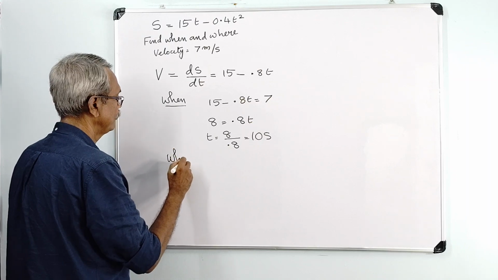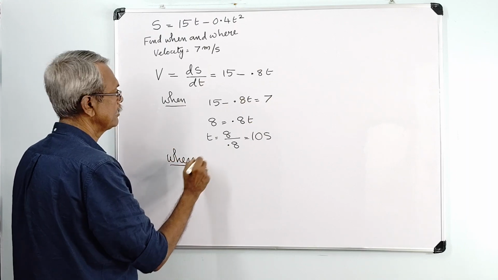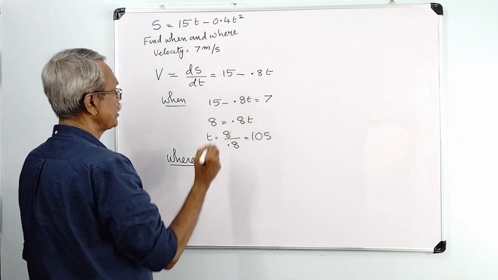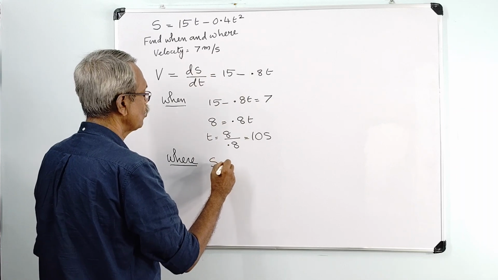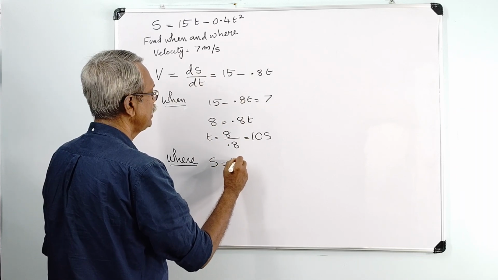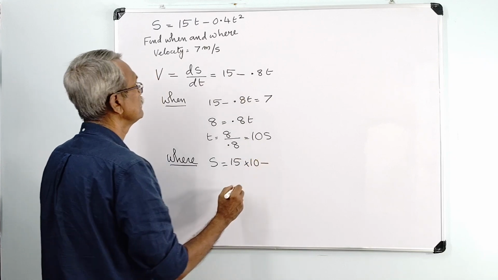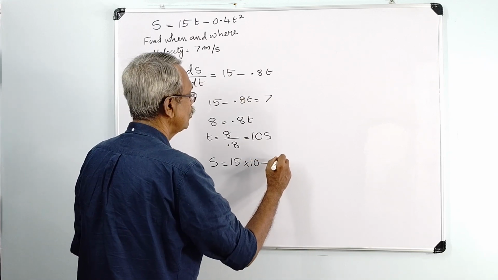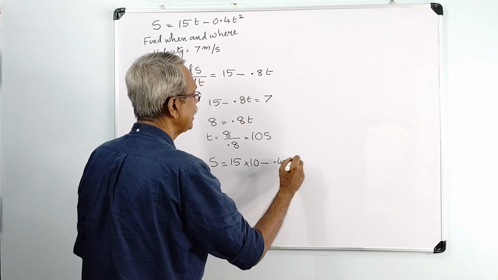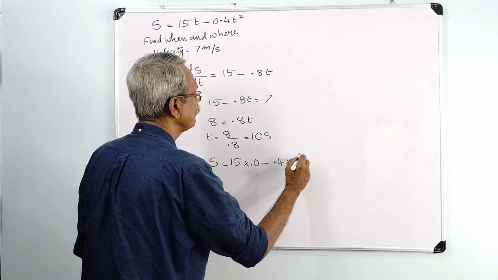Where? You have to substitute this 10 in this equation. S is equal to 15 multiplied by 10 minus 0.4 multiplied by 10 square.